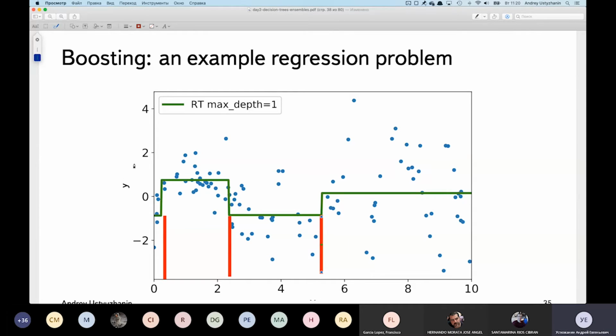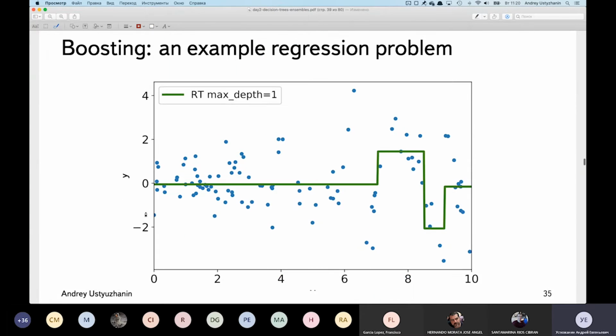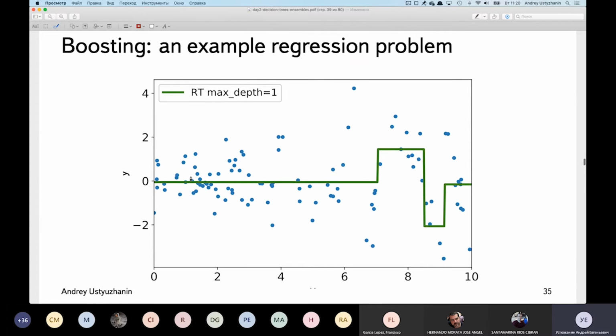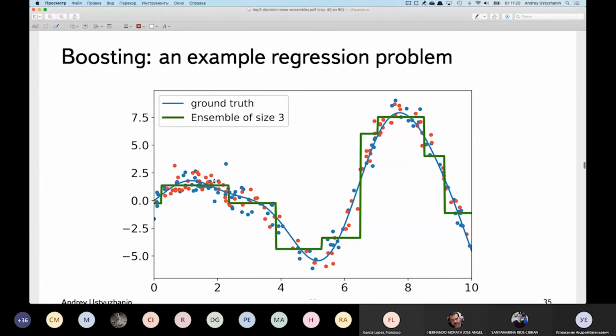And you see that the numbers on the vertical axis become less and less. Again, now you look at the residuals once again, and you can fit the tree learner to this data once again, and it would reduce the error more and more. In the end, you get this green line that consists of the output of 3 trees. So it is an ensemble of 3 trees working all together, sitting one on top of the other.